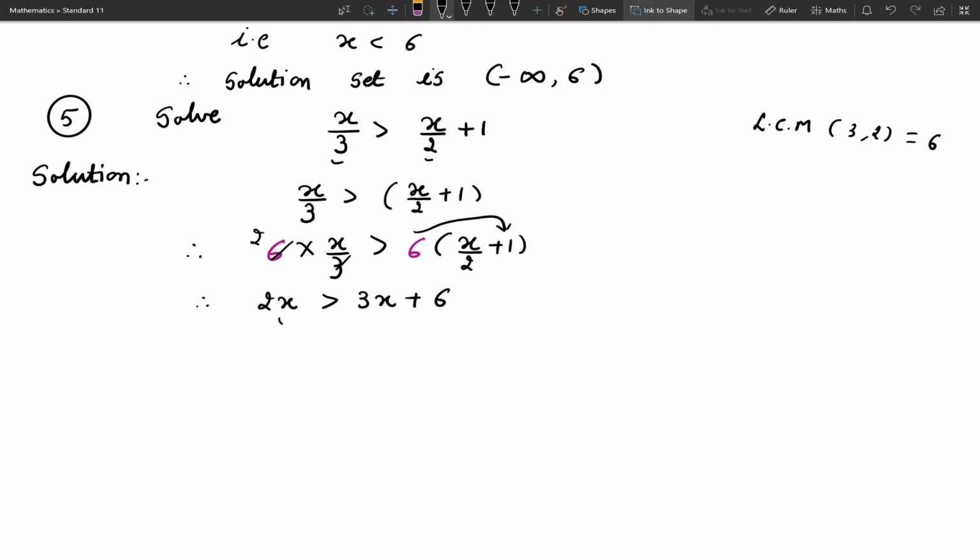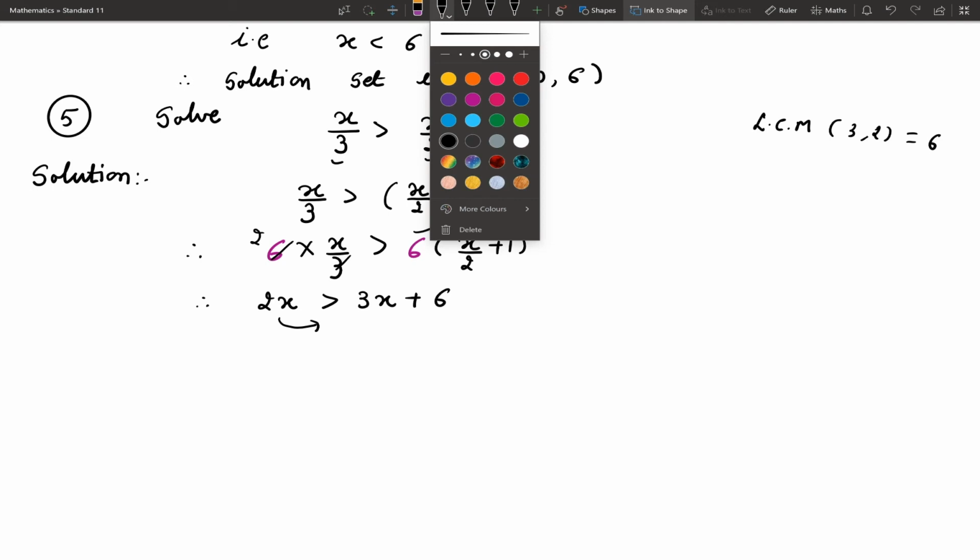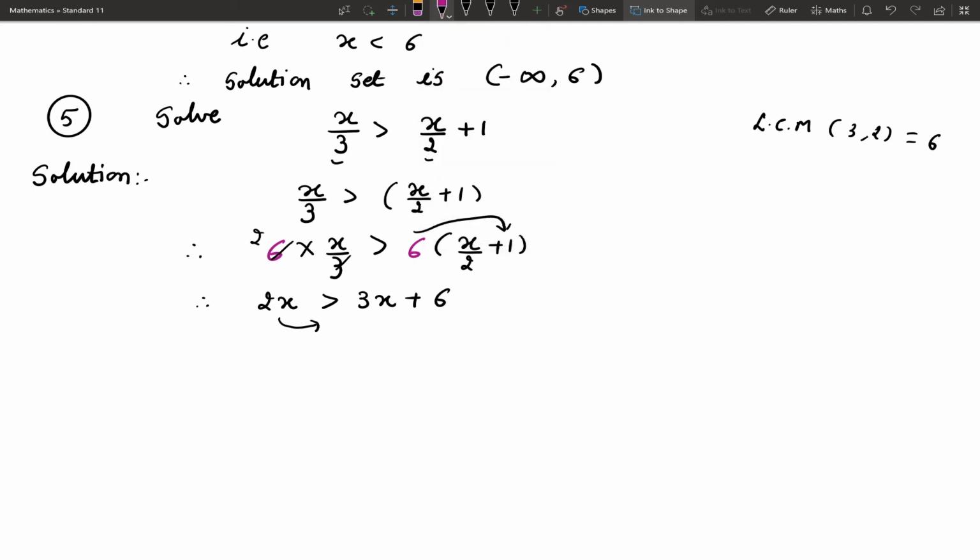Now transfer this term, or you can say use additive inverse. We add both sides minus 2x. So 2x minus 2x, 3x minus 2x plus 6. Either you can say that transfer 2x, or we have used additive inverse of plus 2x.